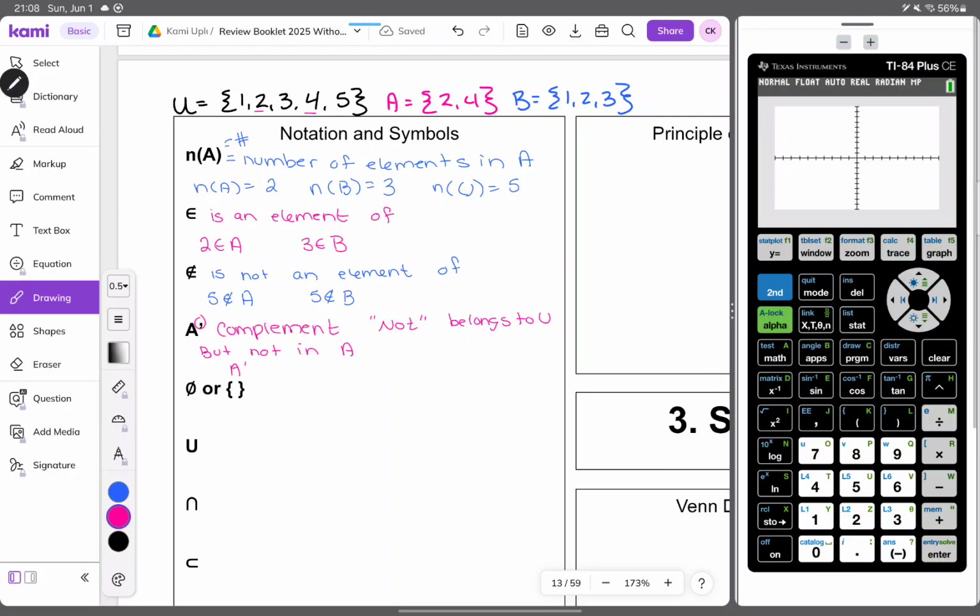So that means not A has 1, 3, and 5. If I wanted to do not B, well, B has 1, 2, 3, so 1, 2, 3 is gone, so not B is just 4 and 5.